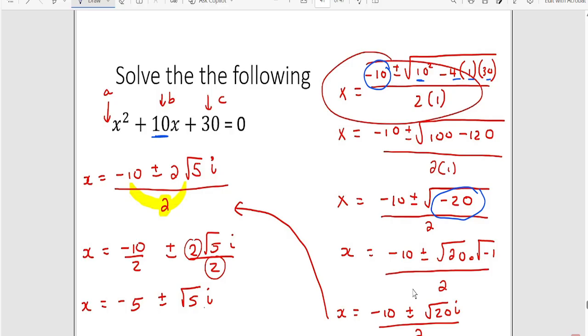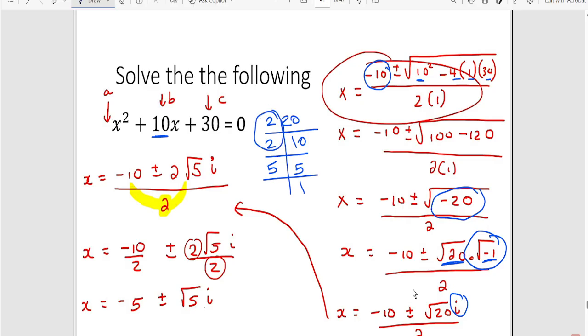Now negative 20 can be written as square root of 20 and square root of negative 1, right? Square root of negative 1 we write as i. And square root of 20, if you factor it, 20 divided by 2 gives 10, again 10 is divisible by 2, so we get 5, and 5 divided by 5 gives 1.